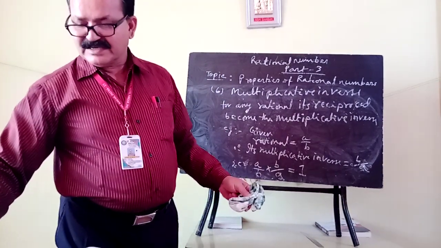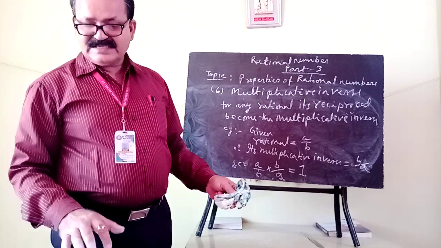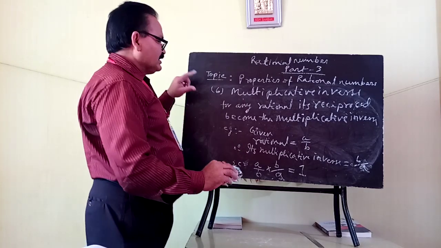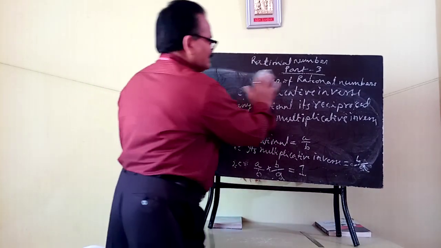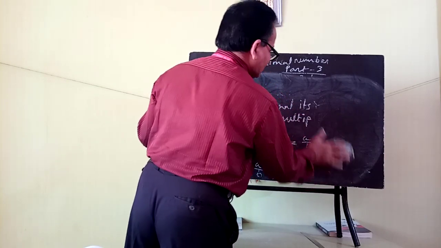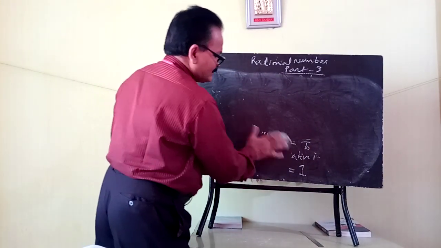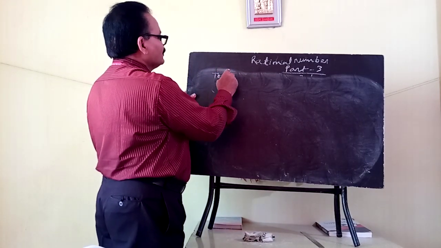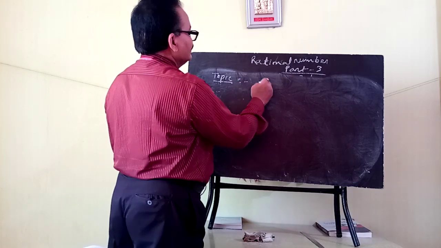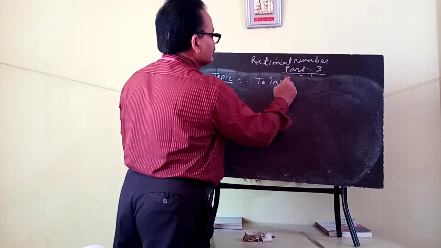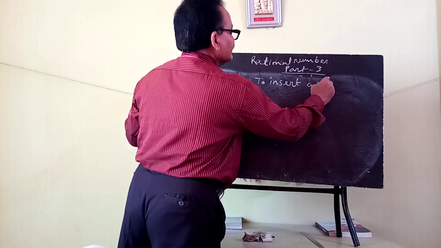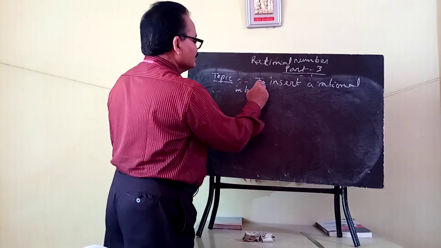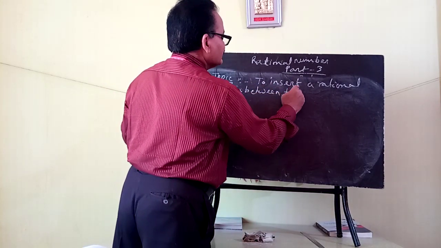Now the properties are over, there are 6 properties only. The next part of this topic is how to insert a rational in between two rationals.